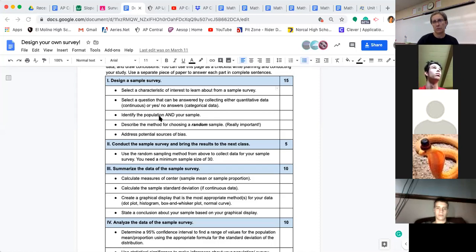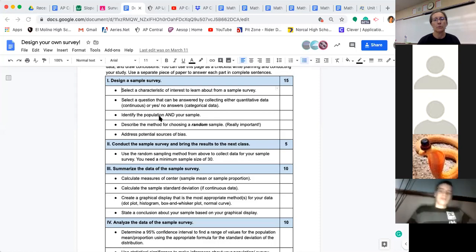So do you want to clarify what you have and see if you got that? Yeah. Wait, say that again. Your population is going to be everybody that your sample represents.